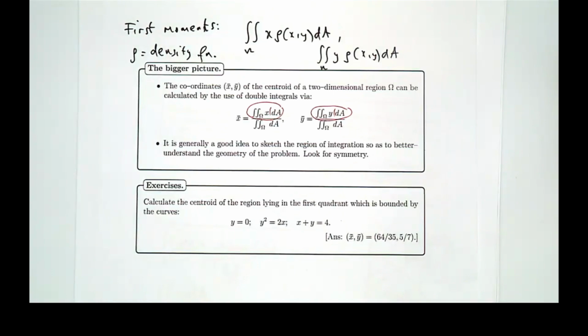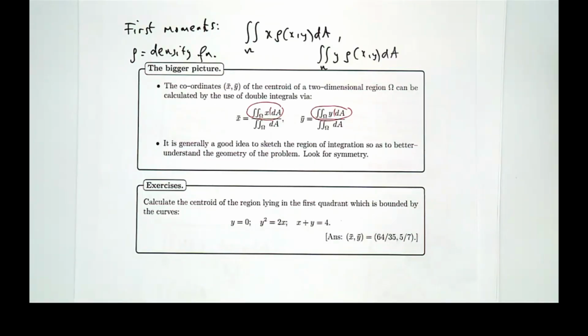So that's why there's an x and a y in there. That's measuring distance to an axis. And the rho and the dA, in a very loose manner, is kind of measuring mass, because mass is density times area or density times volume. So that's the way I look at it.